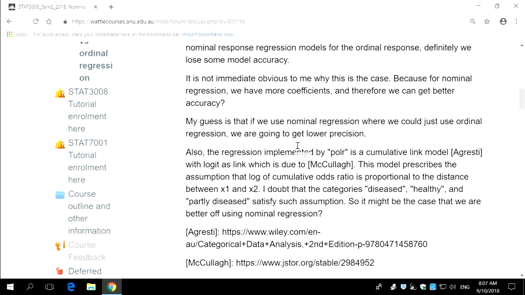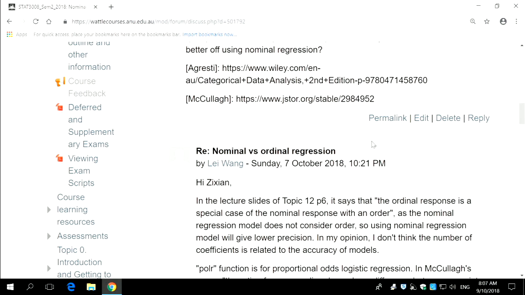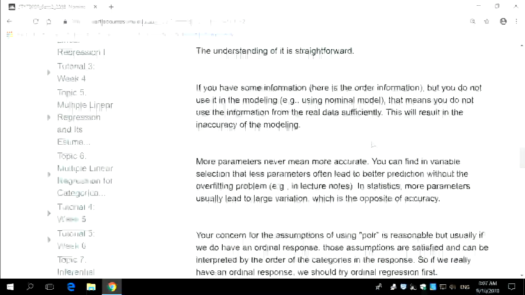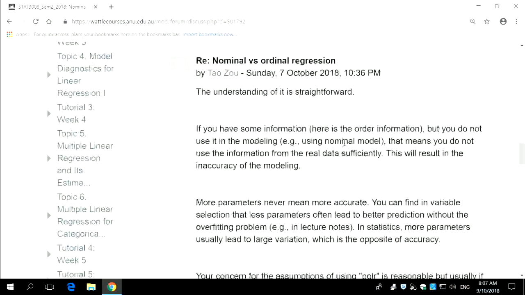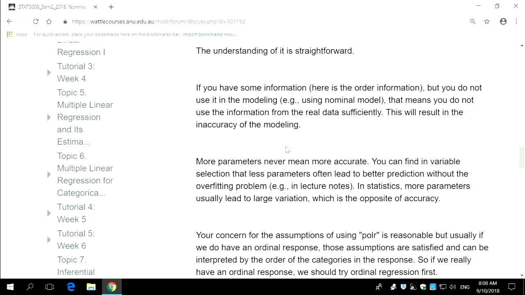Basically, the student asked why more parameters, because in the nominal regression model we have more parameters. So maybe just look at my answer directly. In the nominal regression model, we have more parameters. What I can say here is that more parameters never mean more accurate.